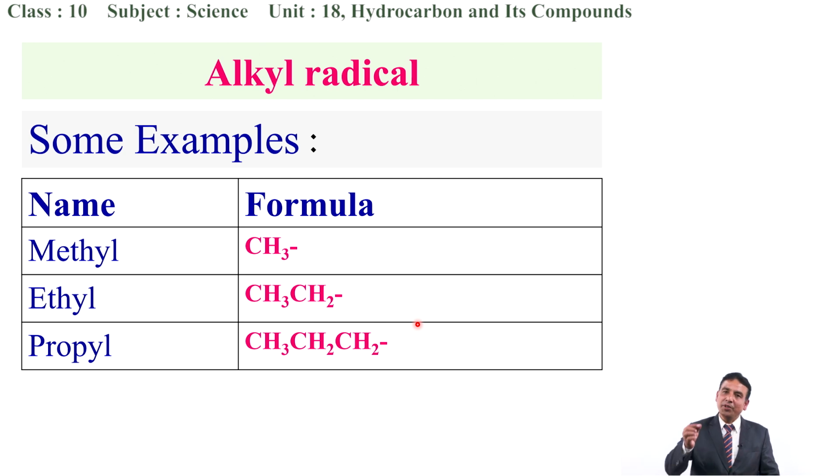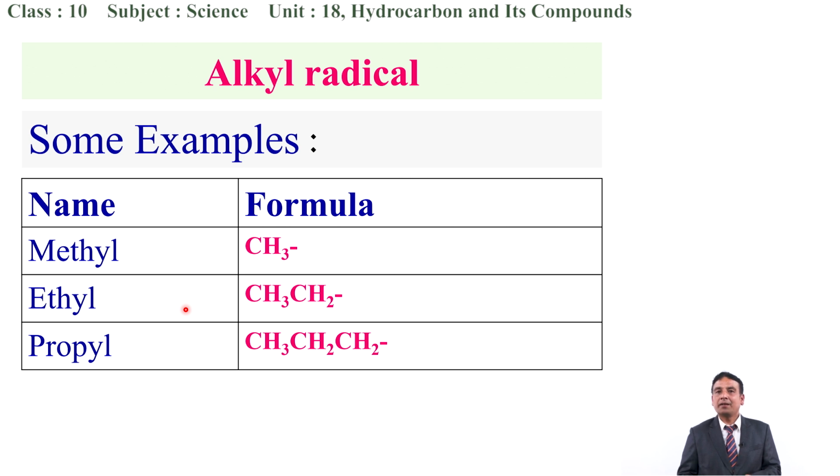If you remove one hydrogen atom from the pentane, what is the remaining product? Yes. Have you written the pentyl? Yes, this is the correct answer. As you have seen, by removing one hydrogen atom from any alkane, we can get the respective alkyl radicals.